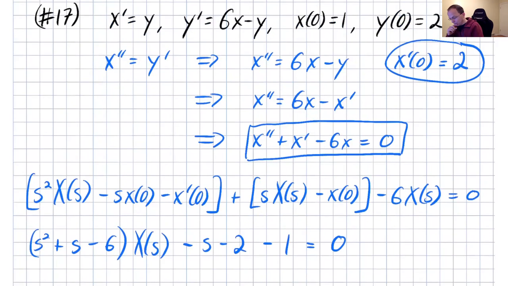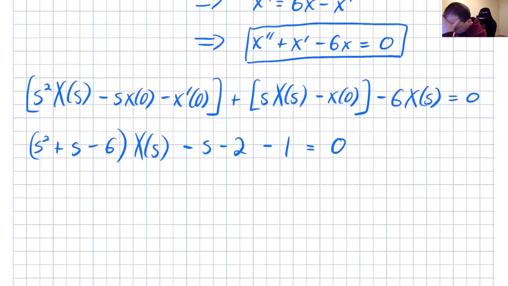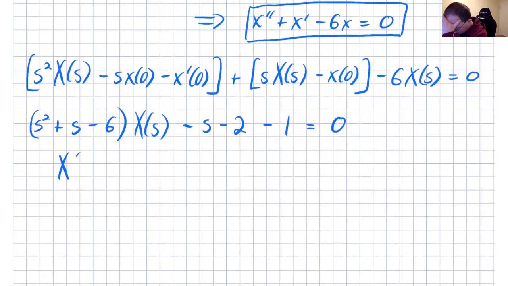Minus 2, minus 1. Yes, okay. So now we can solve for X of s, and we get s plus 3 over s squared plus s minus 6. Let's factor that. That will be s plus 3 times s minus 2.